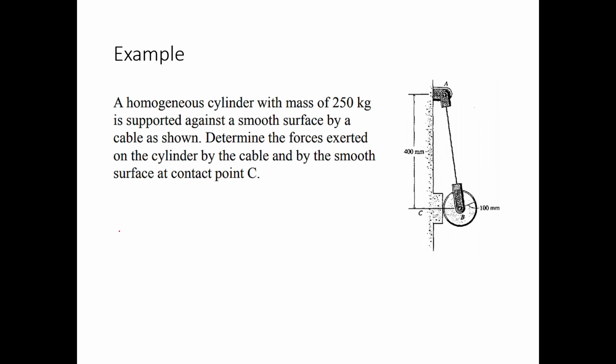Okay, so let's try an example. A homogeneous cylinder with a mass of 250 kilograms is supported against a smooth surface by a cable as shown. So this is the cable AB.